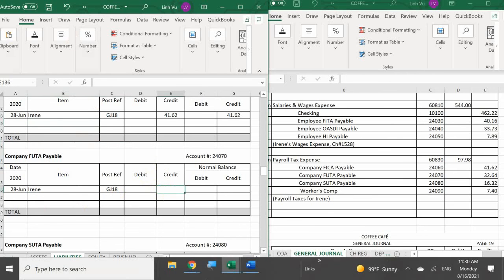What's her total FUTA? $41.62? No, that's the FICA. Her total FUTA is $40.16? That's her FITW. Let me make it a little bigger. Okay, my bad.